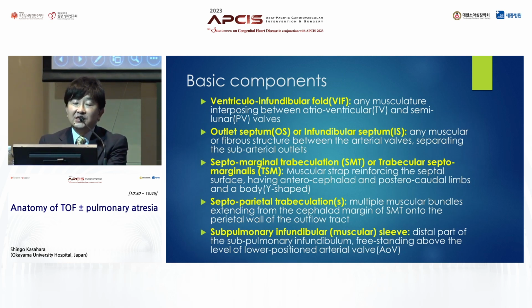So many doctors this morning talked about conotruncal anomalies. The basic components, with these yellow color names, are: the ventricular infundibular fold, VIF; the outlet septum or infundibular septum; the septomarginal trabeculation, trabecula septomarginalis; the septoparietal trabeculations; and also, recently very important, the subpulmonary infundibular muscle sleeve, very important for the Ross procedure. I will talk about that later.